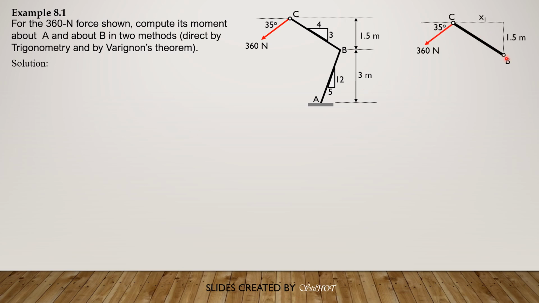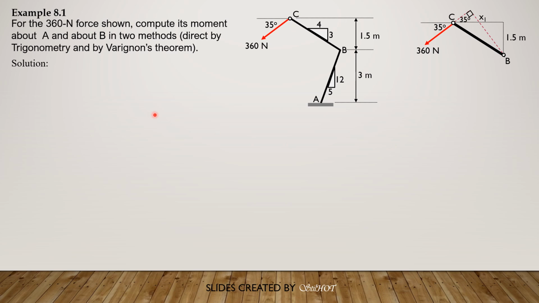So we extend the line of action of the 360 Newton force so that we can draw the perpendicular distance from point B to the line of action. Because the slope of BC is given, we can solve for this angle, arctan of 3 over 4, and we can solve x1 by similar triangles.